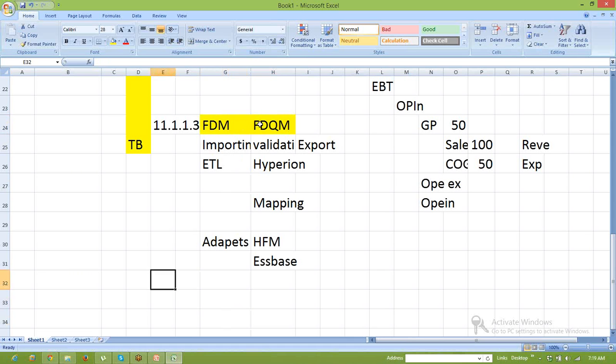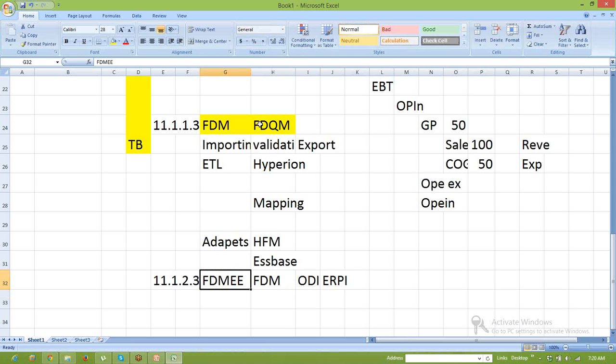And one more point. In the latest version, 11.1.2.3, we call this FDM E. It's not FDM. FDM E consists of the core components of FDM plus ODI plus ERP Integrator, ERPI.